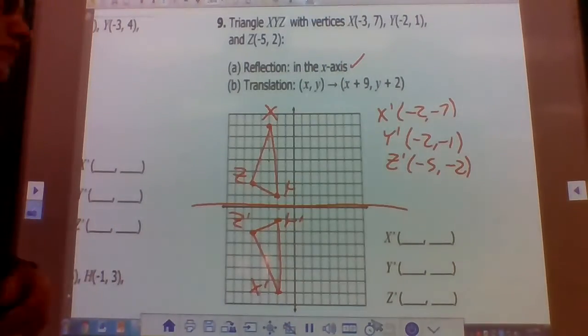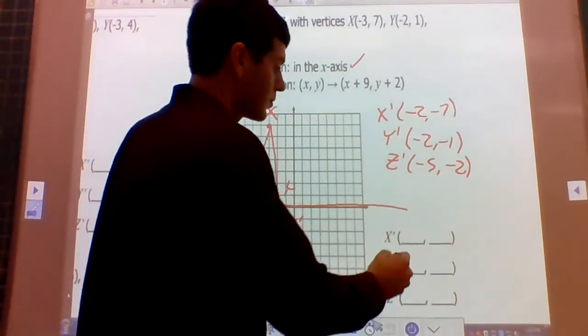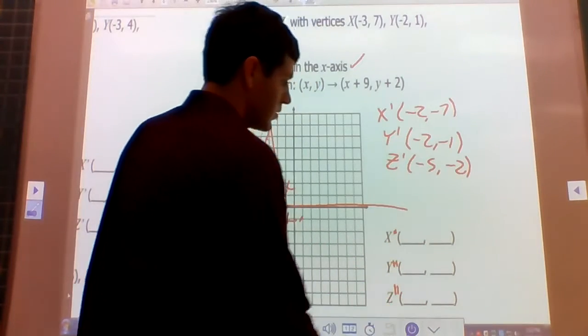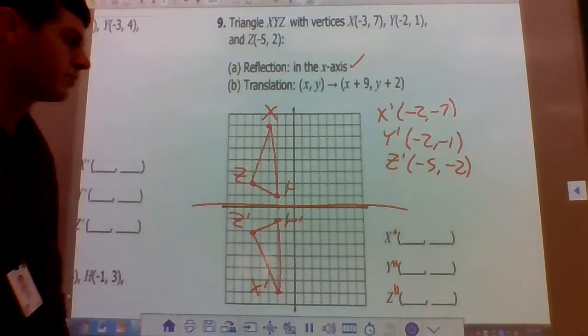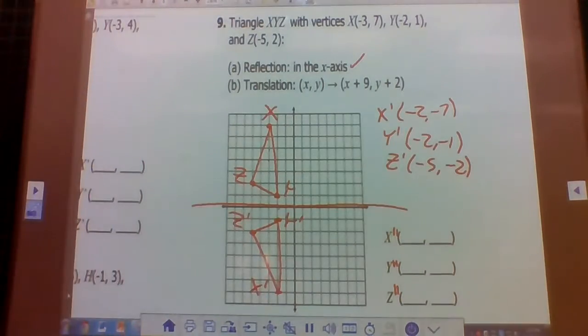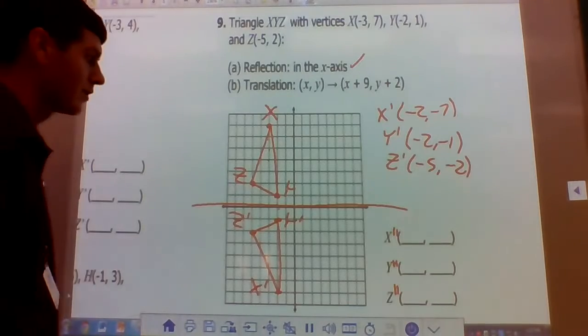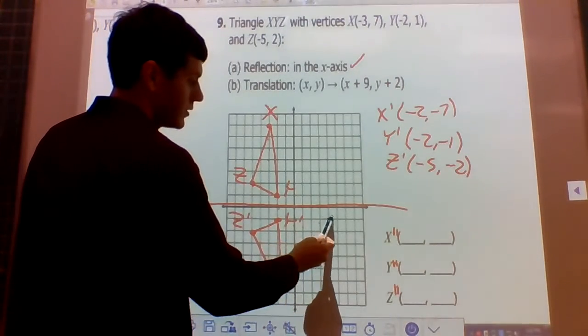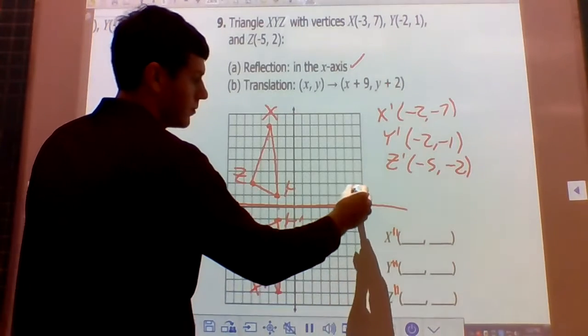So again, we can either plug these numbers into the rule and get our double primes, or we can just count it out. But let's count it out. So here's 1, 2, 3, 4, 5, 6, 7, 8, 9 to the right, and then 2 up.